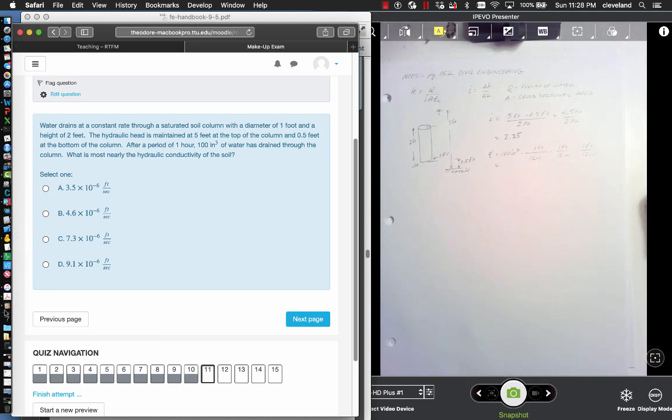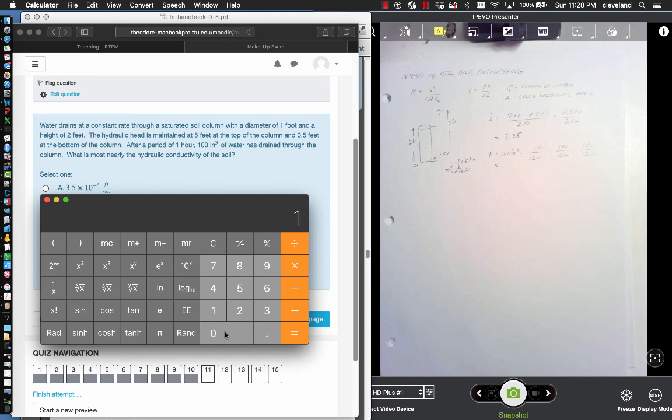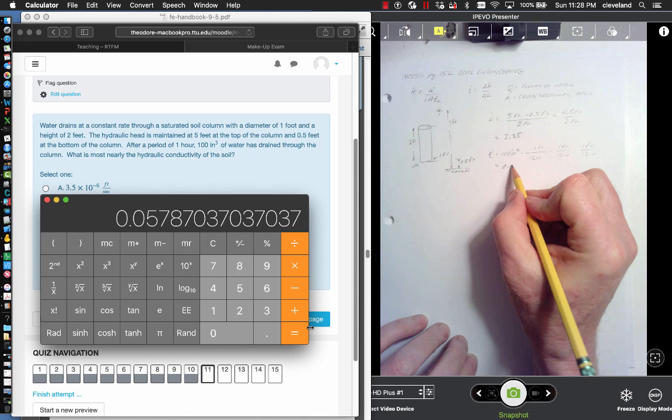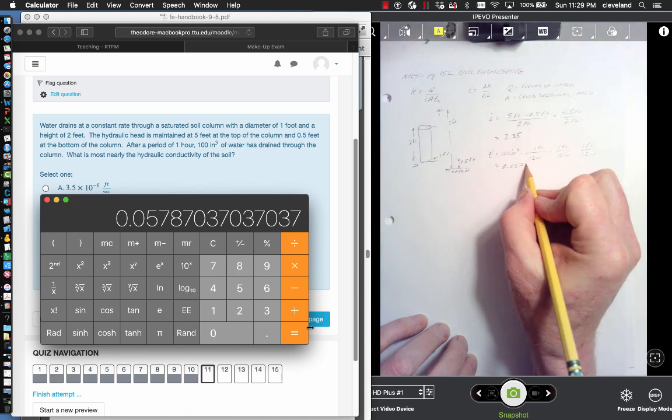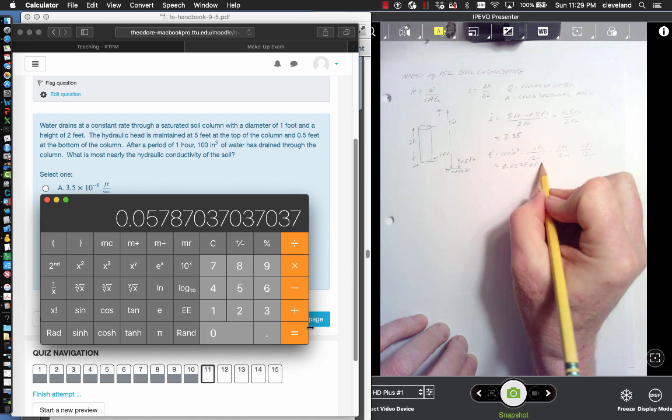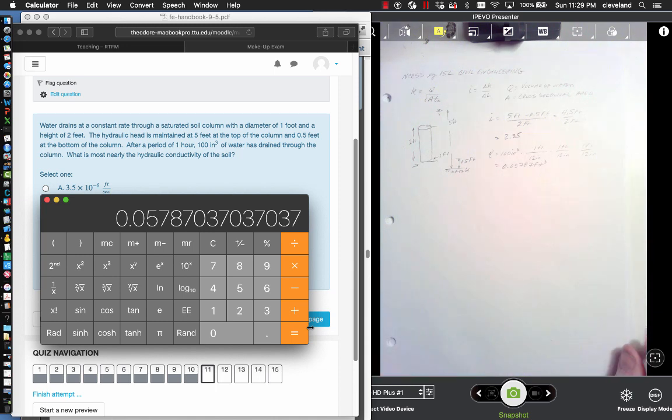We divide by 12 3 times. 100 divide by 12, divide by 12, divide by 12, 0.05787 feet cubed. That should be enough significant digits.